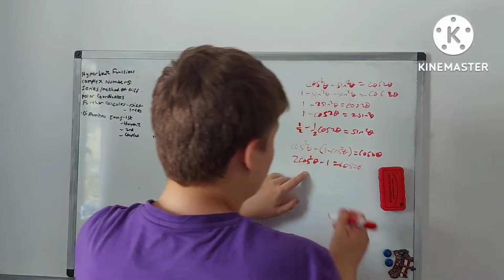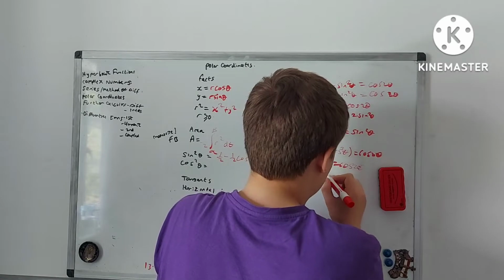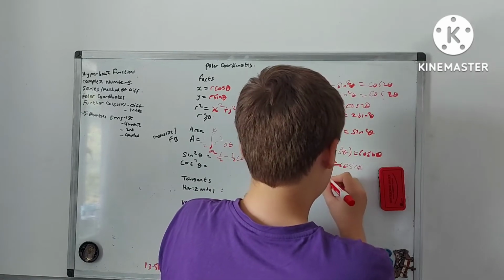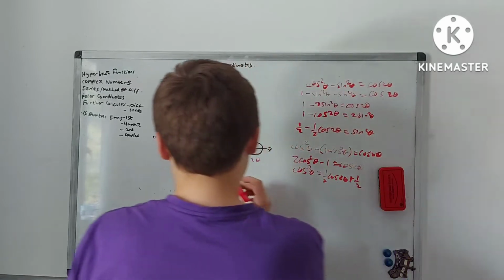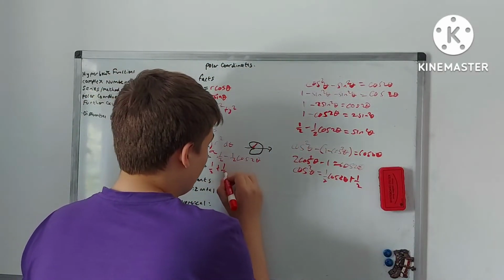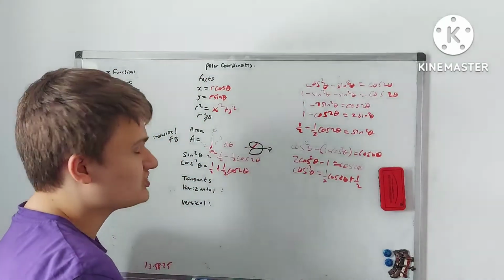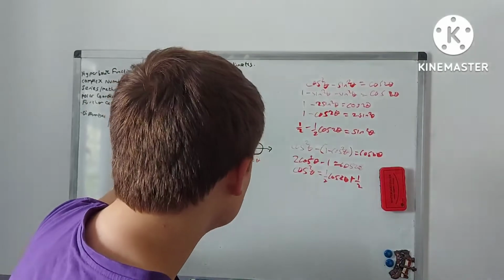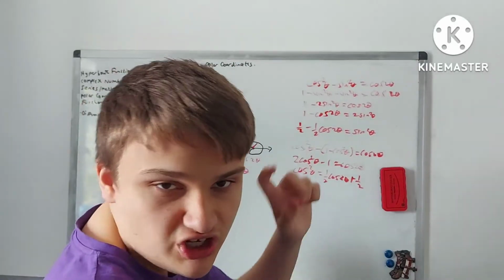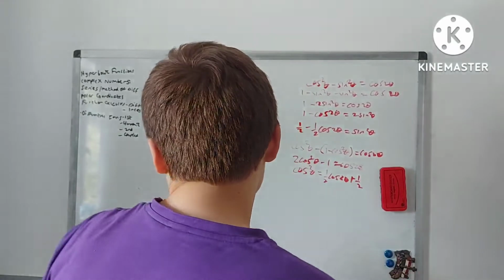Now I want cos squared, so I have to add 1 divided by 2. I'm going to get cos squared theta being a half cos 2 theta add a half, or a half plus a half cos 2 theta, that way. Just so you can recognise which one goes with a sign, a negative and a positive. And remember, sine goes with a negative, cos goes with a plus. Yeah, you can see these patterns.